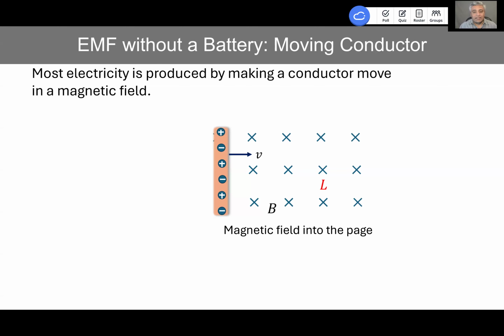Because of that, if there is a wire or conductor carrying current that's moving in a magnetic field, it experiences force. So the conductor experiences force because the charges experience force.